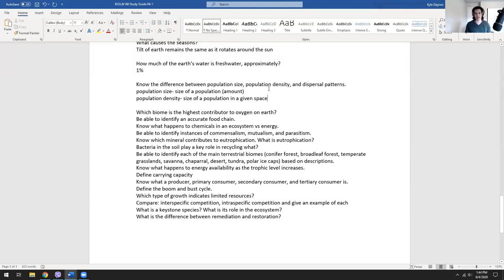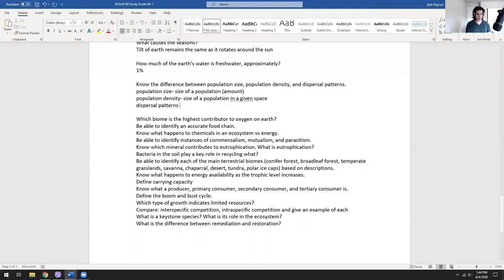By definition, that's what density is, amount of things per space. And then dispersal patterns would be how things are dispersed. So you can have clumped, random, and then some people like to use the term homogenized, so like an even distribution.